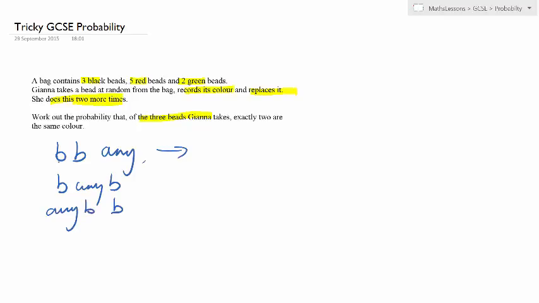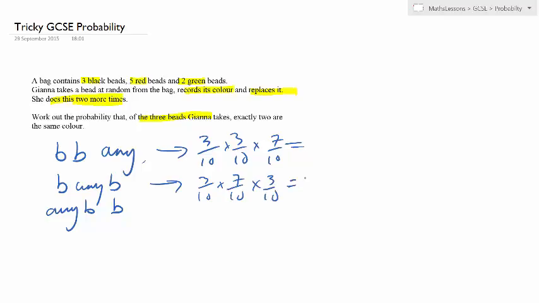And let's just look at the probability of getting black, black and any. So there's 3 tenths times 7 tenths, because there's 7 other colours. And we can see black, any, black will also give us 3 tenths times 7 tenths times 3 tenths. And what we notice is the probabilities do not change. So you've got 3 times 3 is 9, 7 times 9 is 63 over 1,000.